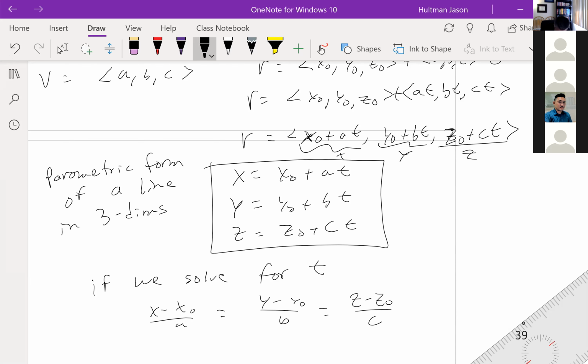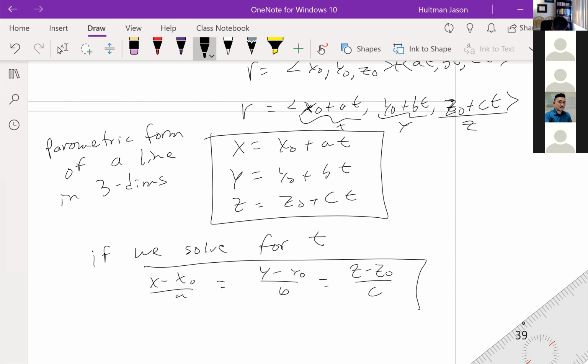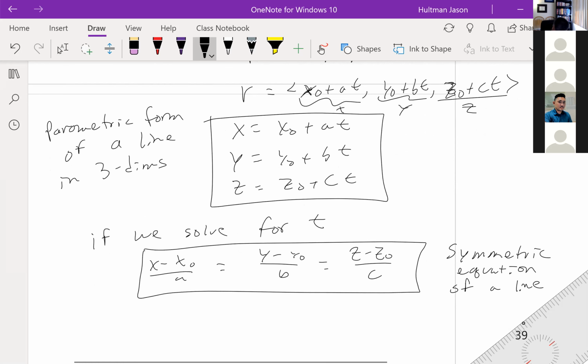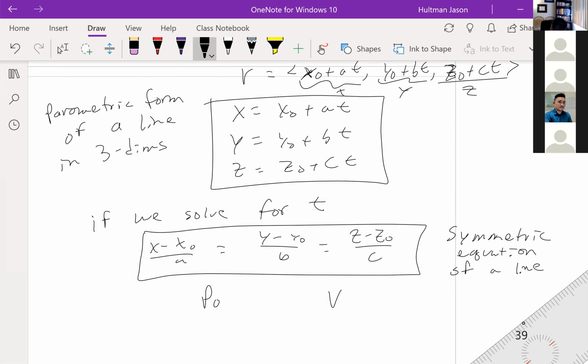Okay, and these are called the symmetric equations of a line. Okay, and again, this is given a point and a vector. The point was at x naught, y naught, z naught, and the vector was at a, b, c. Okay, and that vector is originating from the origin.